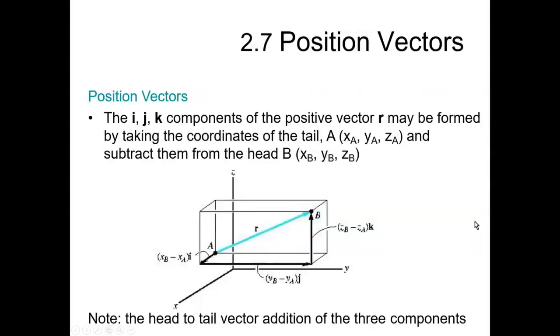If I want to go from A to B, I can go from here to here and then here, there. That's one path. The other path is I can go from here to there, and then here. You decide how you construct your position vector, and then forget about the end minus the beginning.